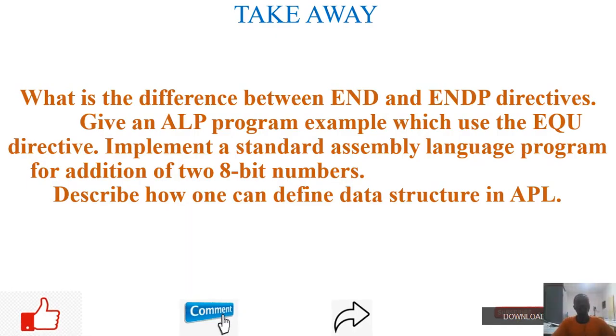What is the difference between END and ENDP directives? Given an ALP program example which uses the EQU directive. Implement a standard assembly language program for addition of two 8-bit numbers. Describe how one can define a data structure in ALP.